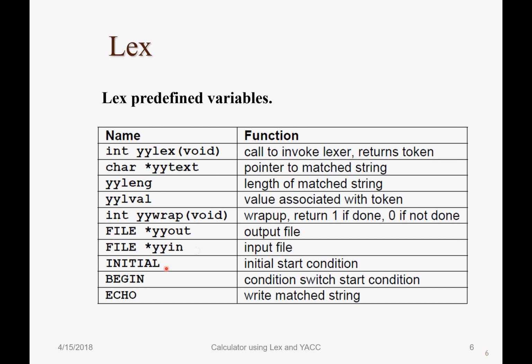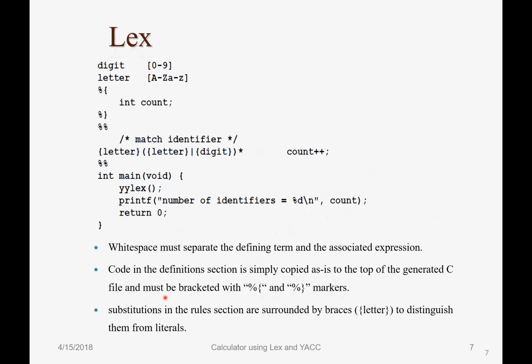Then INITIAL and BEGIN are the initial start condition and switch case. And ECHO writes the matched string, whatever we enter will show on the screen. So these are the predefined variables and functions in LEX.